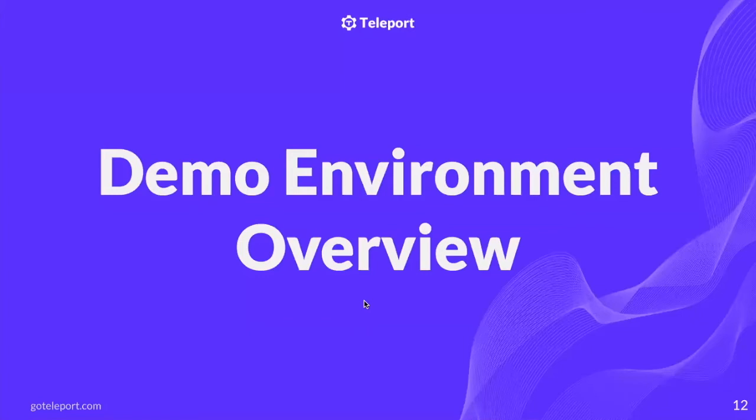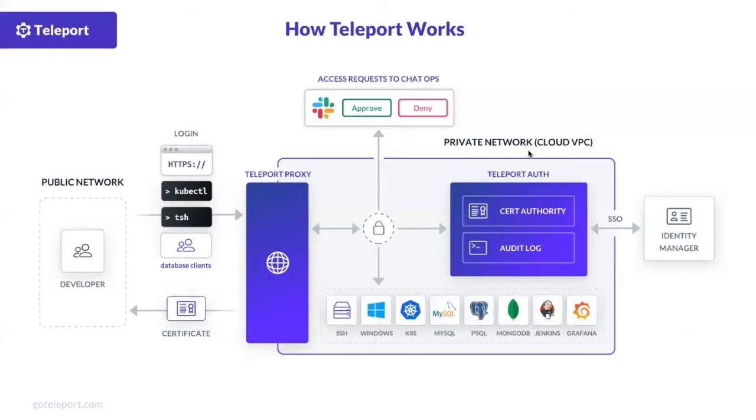So an overview of my demo environment and architecture of how Teleport works. Here on the left side will be me. This is some user who needs access to some piece of infrastructure. With Teleport, you can access SSH servers, Kubernetes clusters, databases, as well as internal web applications. In this demo, I'm going to focus on Kubernetes access.